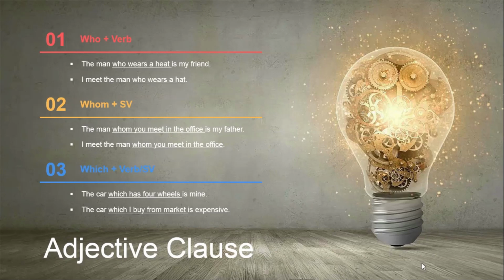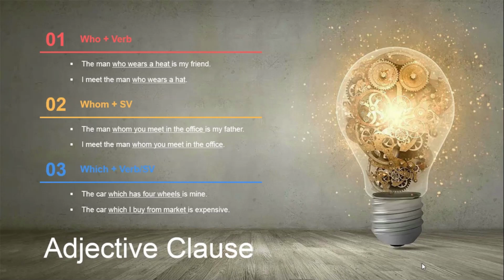However, if you want to use an adjective clause, you can add whom, for example, whom you meet in the office. Here, "whom you meet in the office" explains the man. What is the difference with the one above? If the one above is completed by a verb, then the one below is completed by a subject.